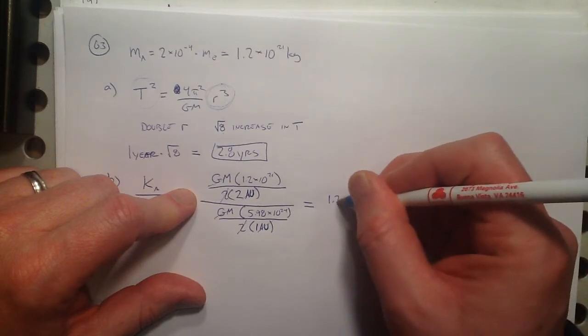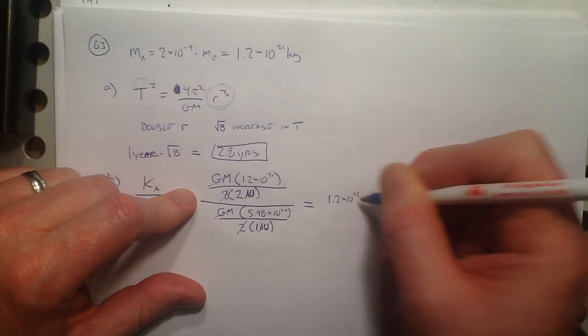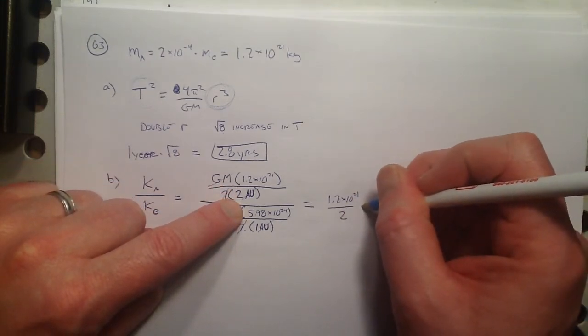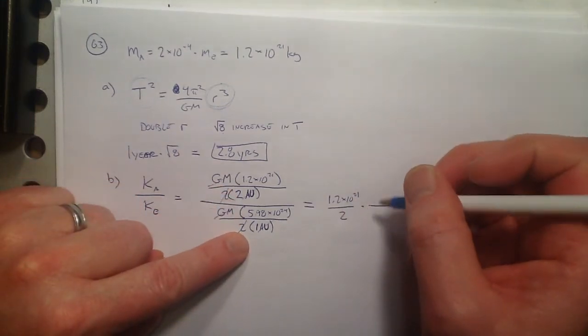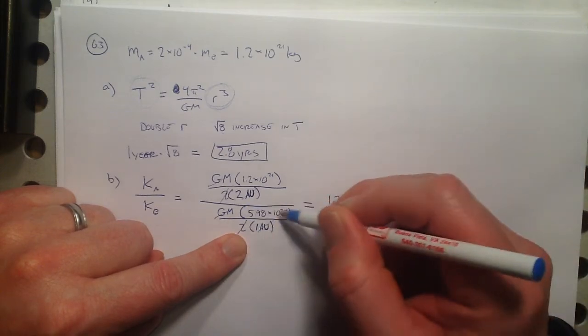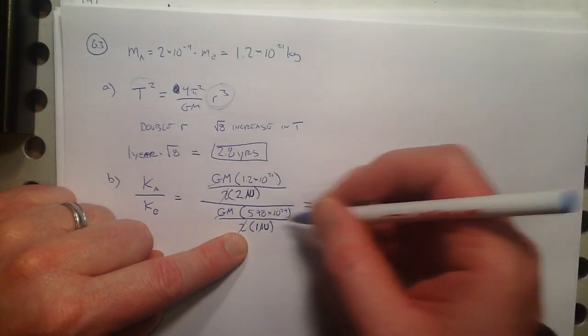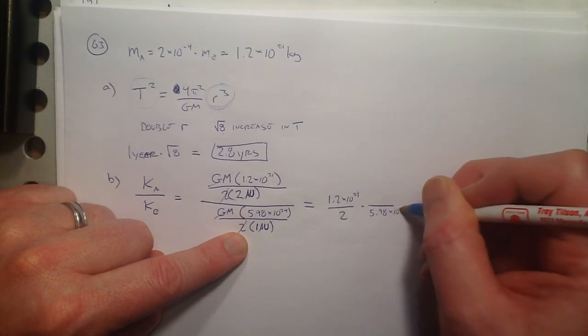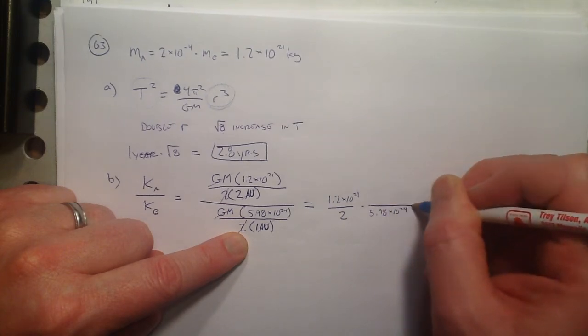I end up with 1.2 times 10 to the 21 over that 2, which didn't cancel out, times the reciprocal of this. Everything canceled out except for 5.98 times 10 to the 24th.